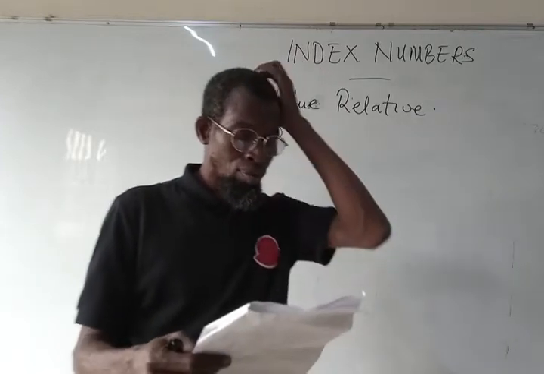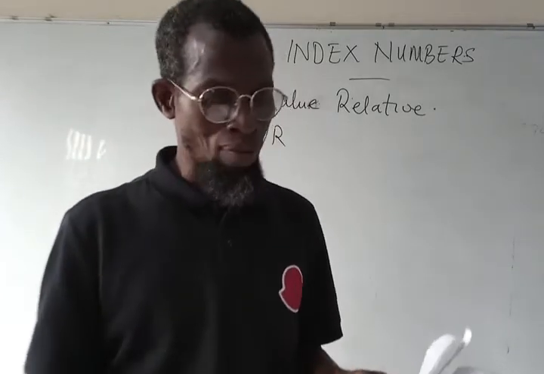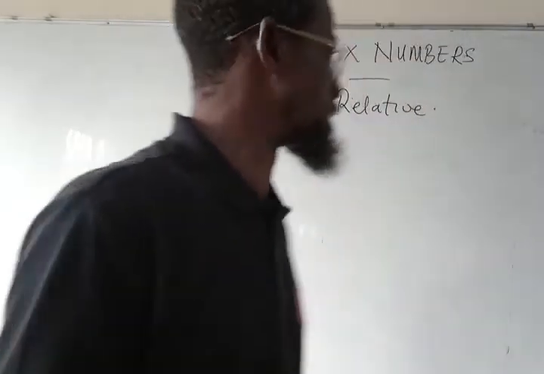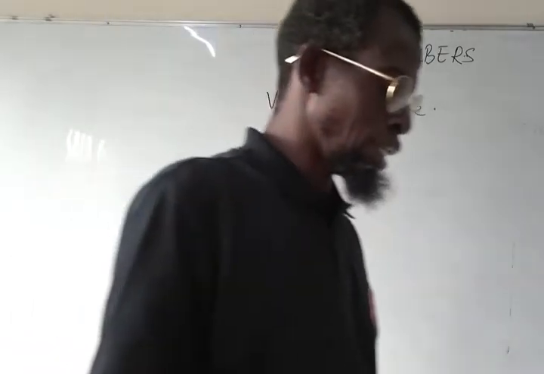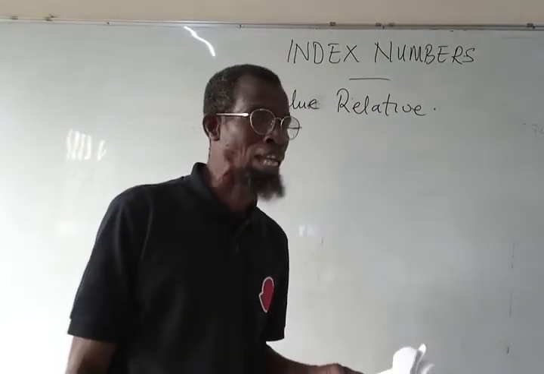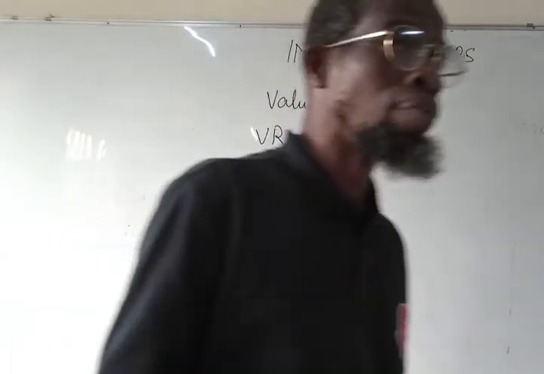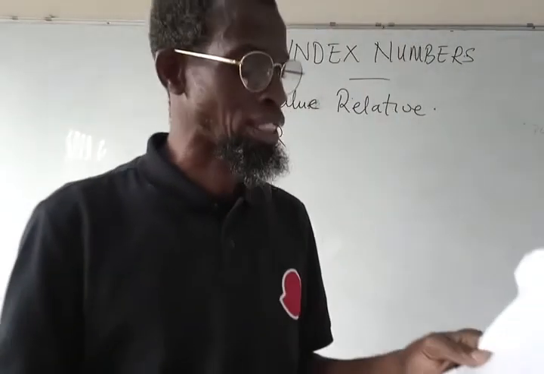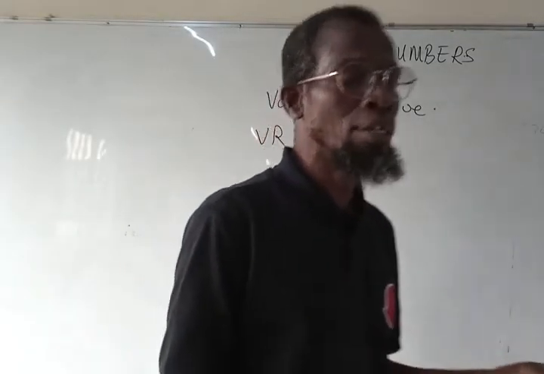So, to do this, the value of output, which is represented by V, is the price per unit multiplied by quantity.